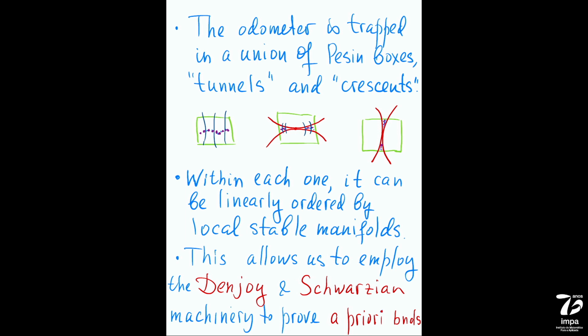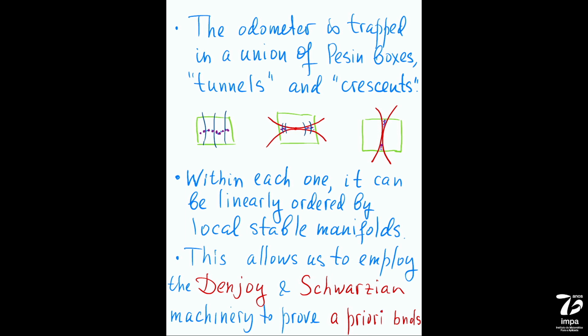So we have sort of three types of pictures. It is either the Pesin picture on the left, or some tunnels near the critical point and its preimages, or this channel, or these crescents, I should say, near the critical value and its images, and the whole odometer is covered by these three pictures with very well controlled geometry.